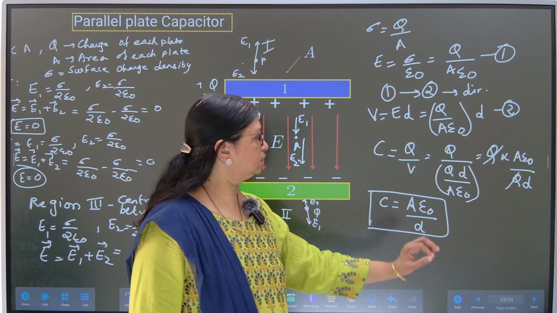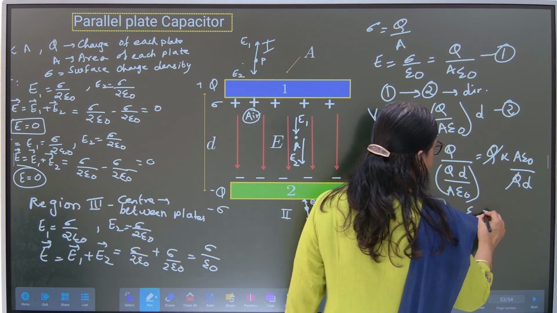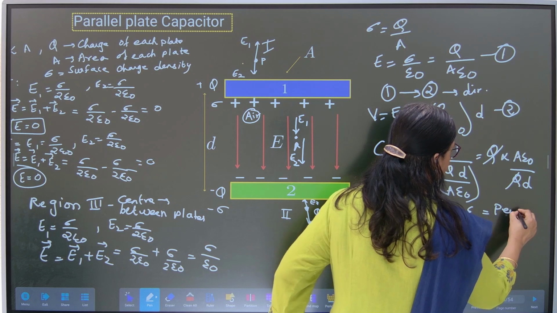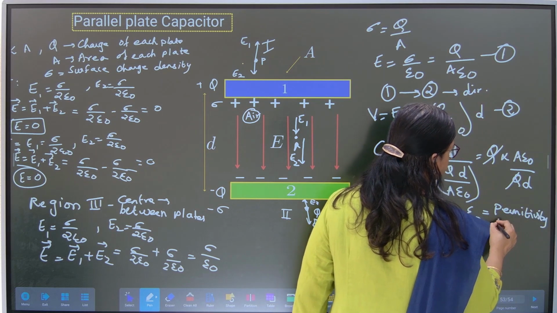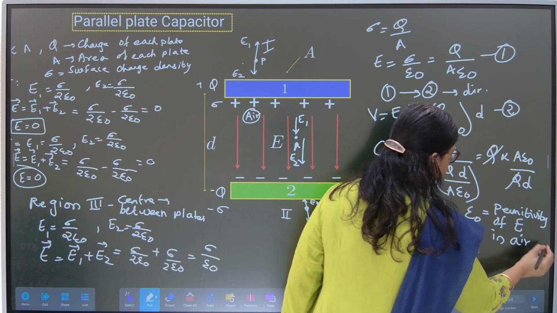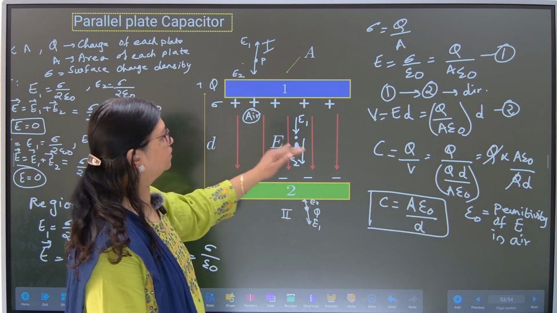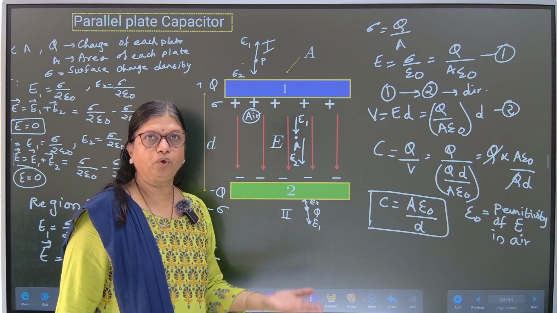Here epsilon naught is the permittivity of air. We can place dielectrics, polar and non-polar, other than air.